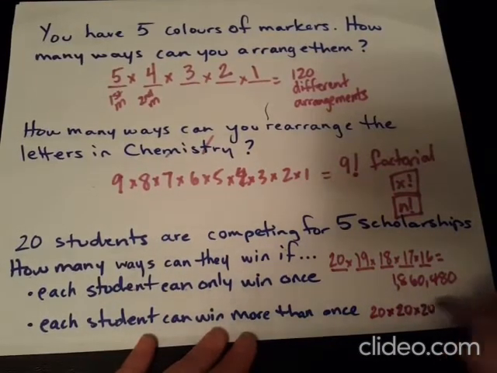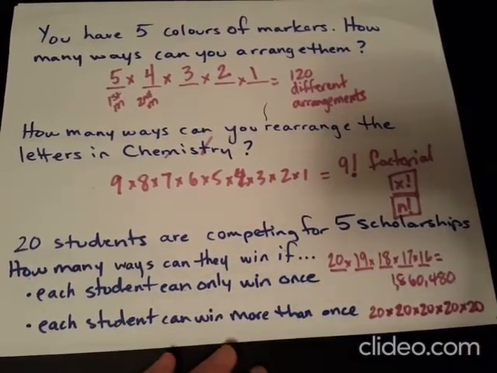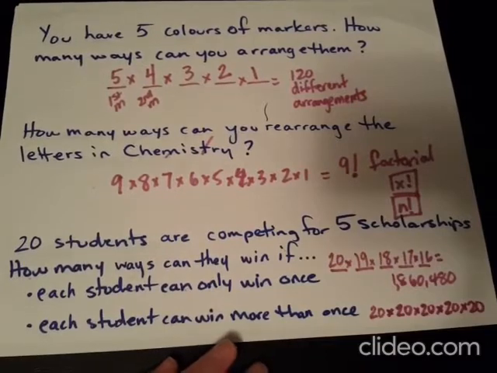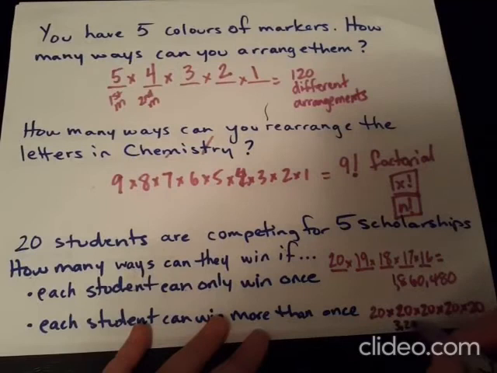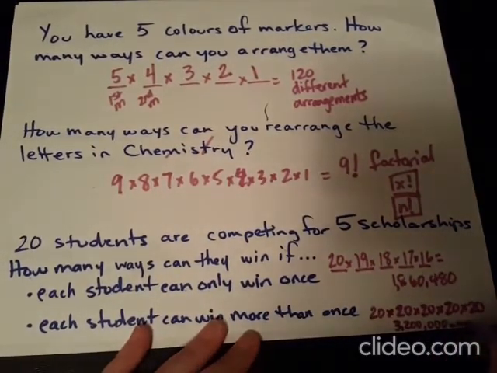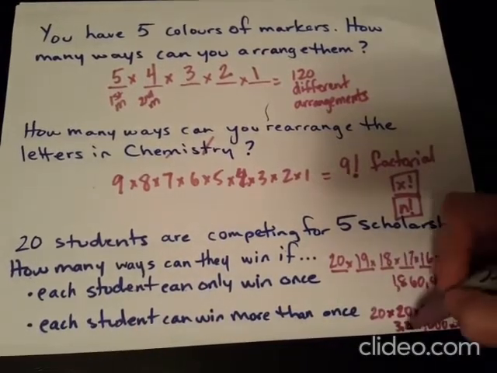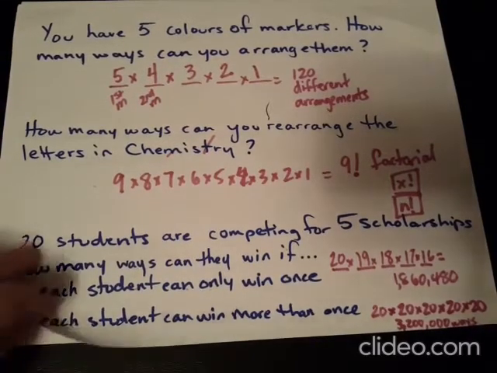And then for the third scholarship, there's still 20. So there's really like 3.2 million different ways that 20 students could compete for 5 scholarships if they could all win all of them. Whew.